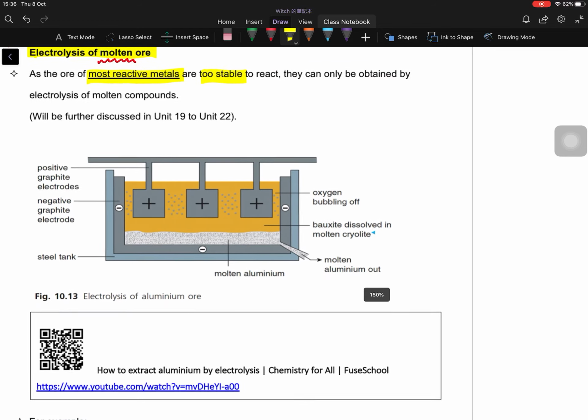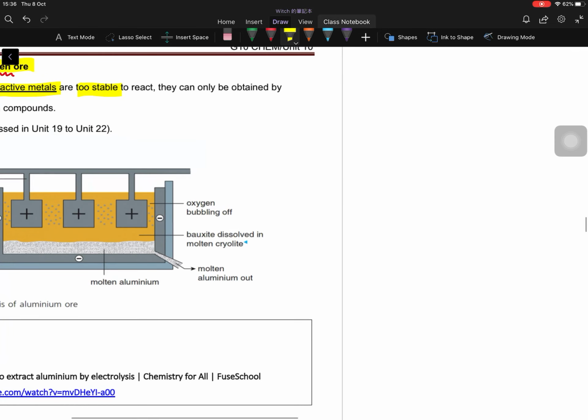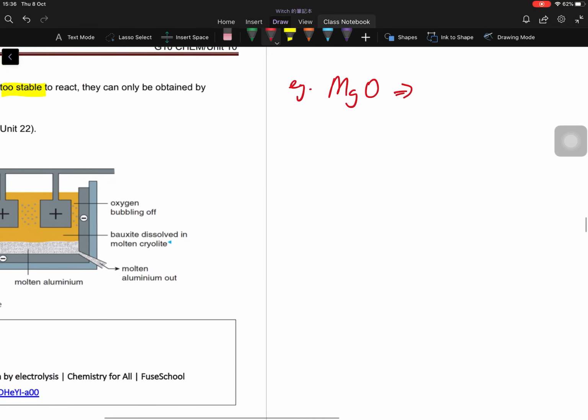Take an example, magnesium oxide. This is composed of magnesium ion and oxide ion, right? In order to turn the magnesium ion back to magnesium metal, we need to add 2 electrons.